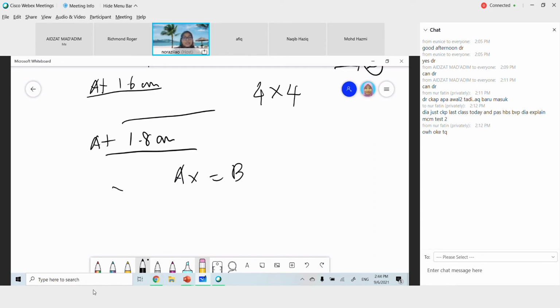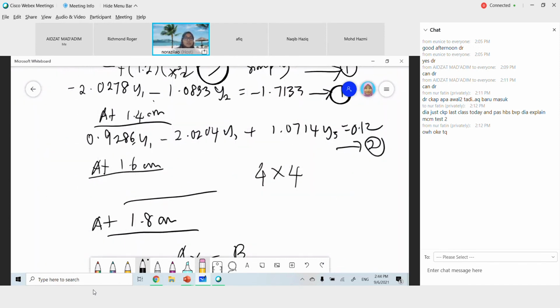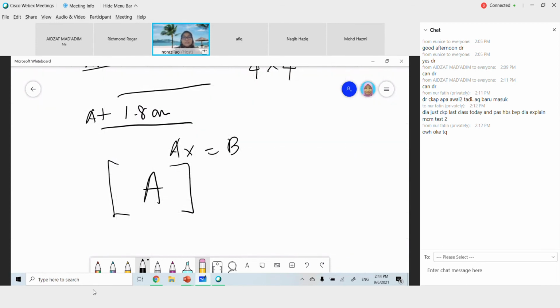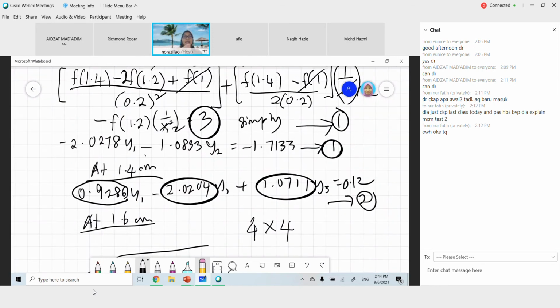So matrix A is actually the constant value. So put here constant. And then B is your unknown. So you want to explore what is the value for the intermediate value.